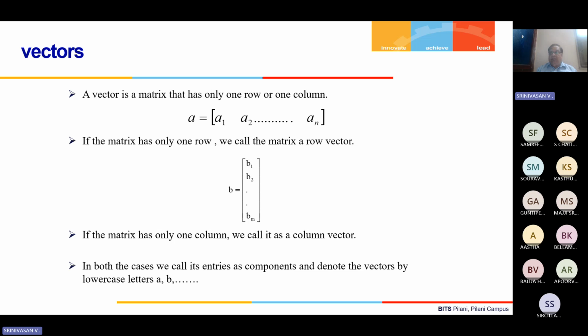Remember that it is a matrix arrangement, row matrix like. If the matrix has only one row, we call the matrix a row vector. Similarly, if the matrix has only one column, we call it a column vector. In both the cases, we call its entries components and denote the vectors by lowercase alphabets, of course, with the bold faces a, b, c, etc.